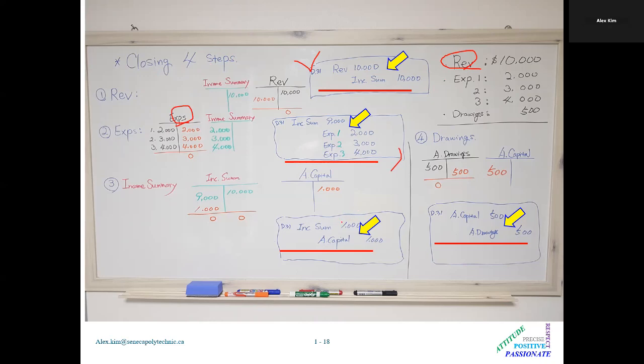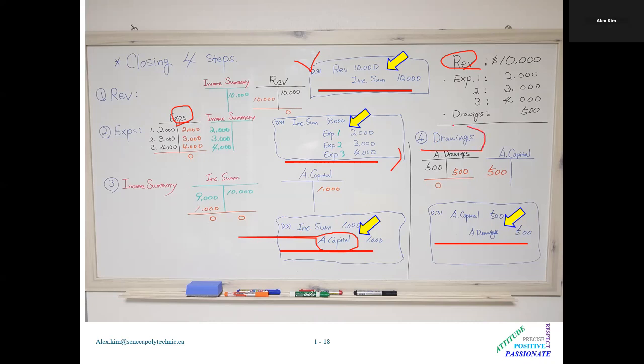So we close the income summary account by updating the temporary performance to the permanent account, which is the capital account. So if we earned a profit, then capital increases by putting it on the credit side. If we lost, then capital must be debited, meaning it decreases the balance of owner's equity.